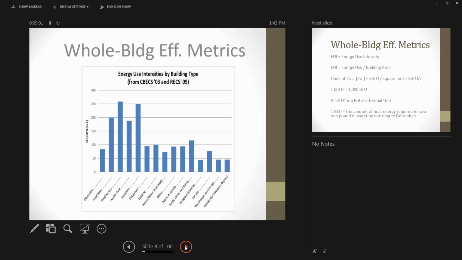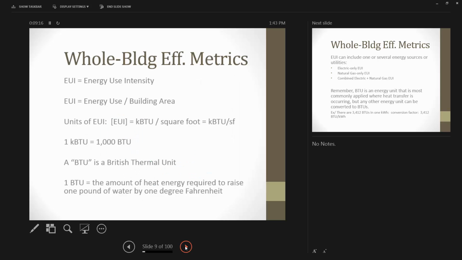And you can see when you get into things like food service, healthcare, based on not just the heating and cooling loads, but a lot of the other parameters, they use quite a bit more energy. So it's one of the challenges when we look at whole building systems and energy metrics is making sure that we're comparing apples to apples and we're comparing the same kind of building types.